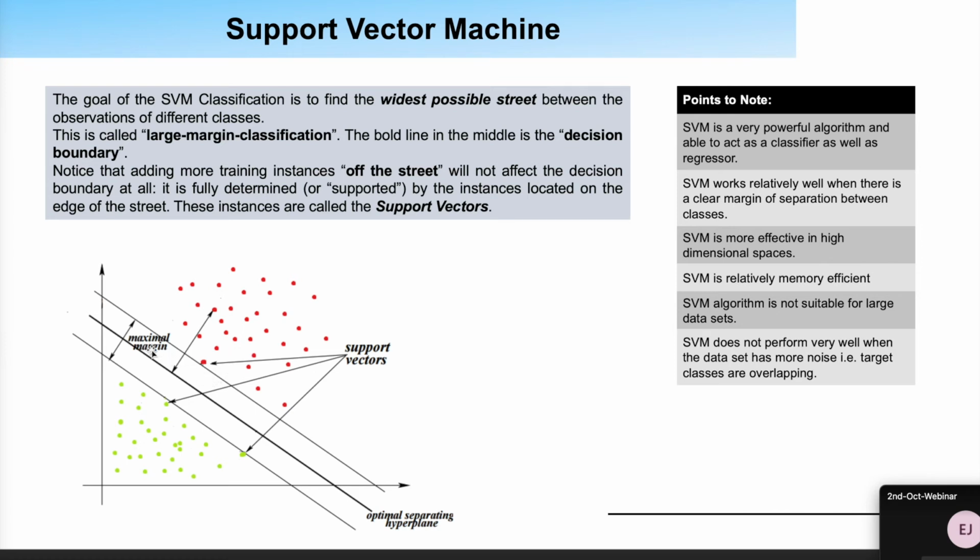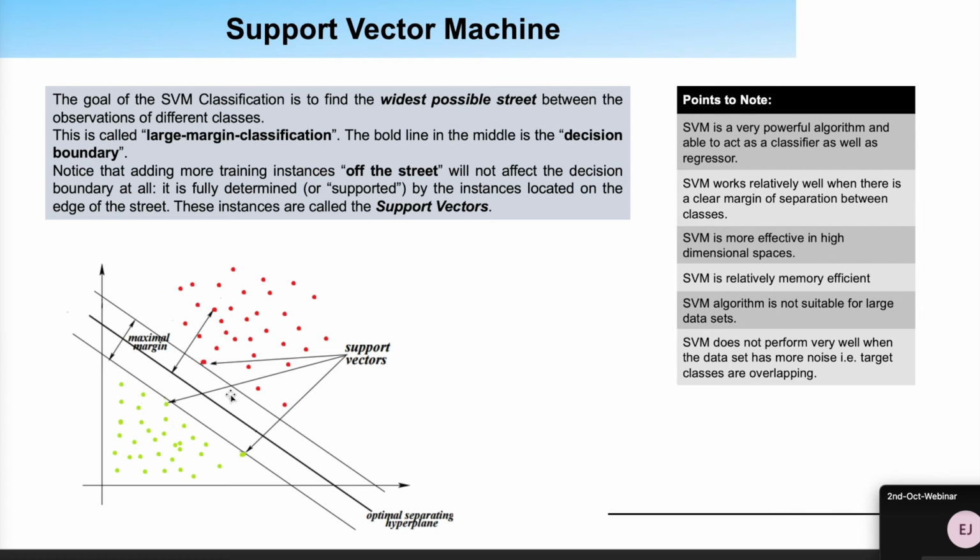Now what support vector machine does is that it creates a path. Now what is the path? The path has a separation line, the optimum separating hyperplane. So this is the optimal separating hyperplane, and then it has 2 boundaries on each side of it.